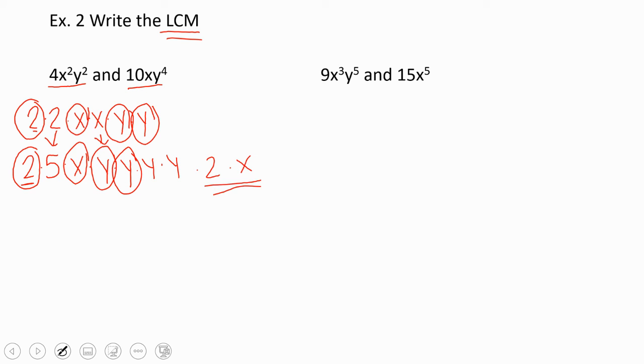Those are added on. Now, on this number, we would need to move the 5 up, and then 2 of the y's up. Now, both terms, you're going to have 2, 2, 5, x, x, y, y, y, y.